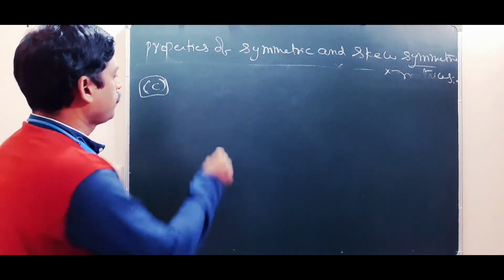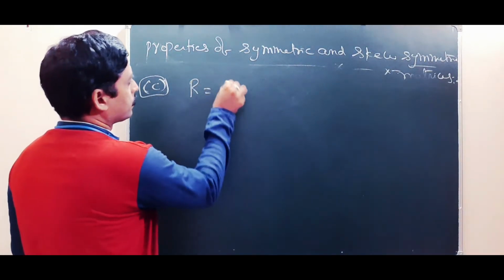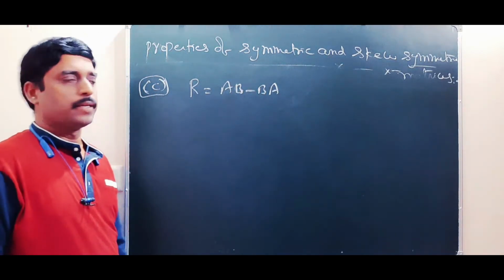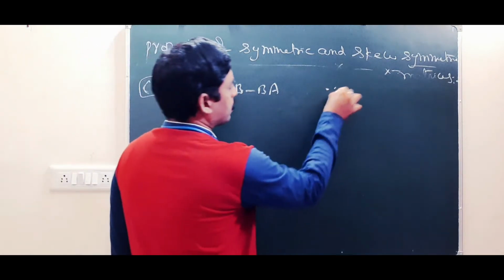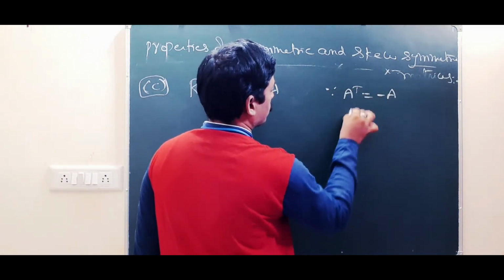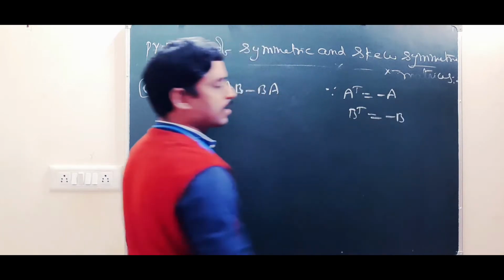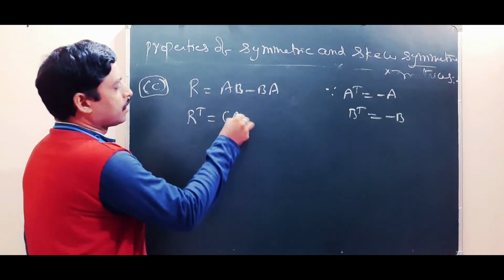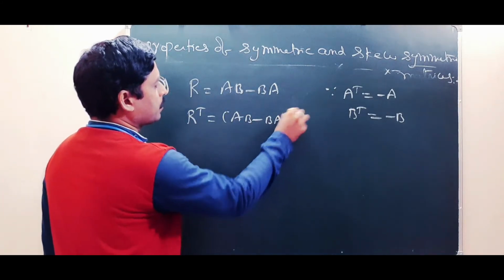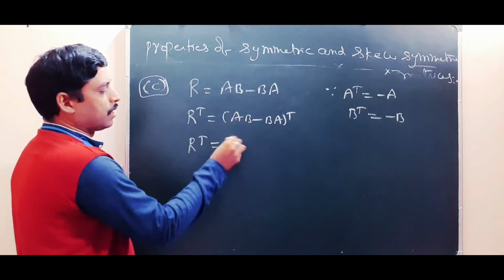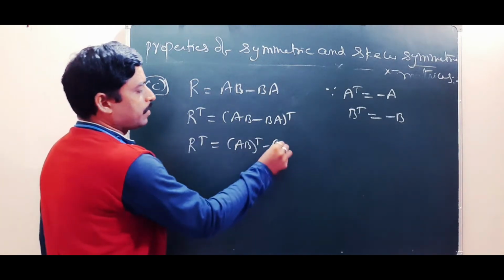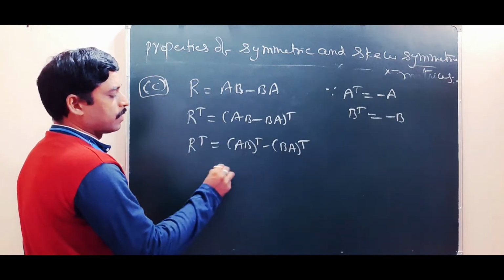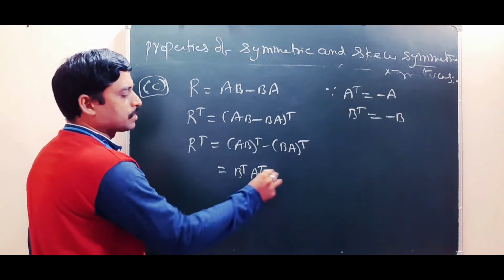Let us take AB minus BA equal to R. So we have transpose of A is minus A, transpose of B is equal to minus B. Now taking transpose on both sides, AB minus BA whole transpose is going to be transpose of AB minus transpose of BA. Transpose of AB is going to be B transpose into A transpose, by the direct formula.